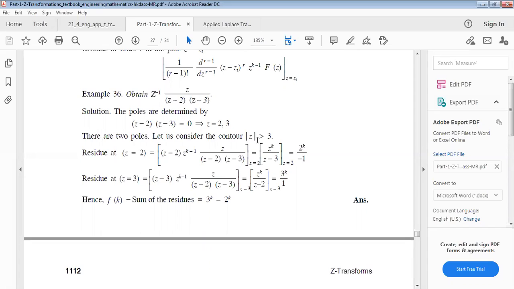Let us consider the contour |z| greater than 3.